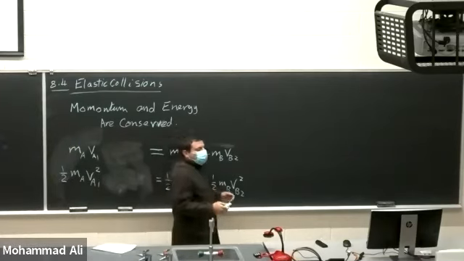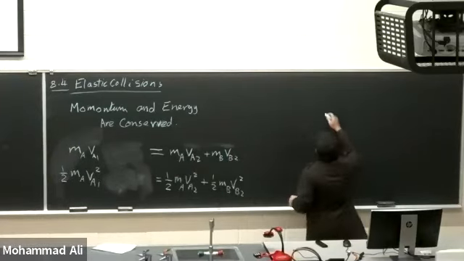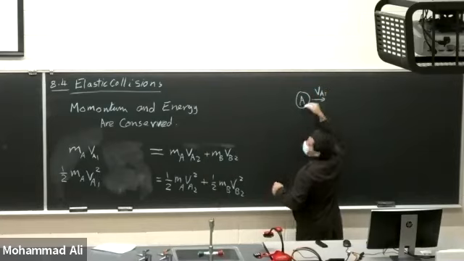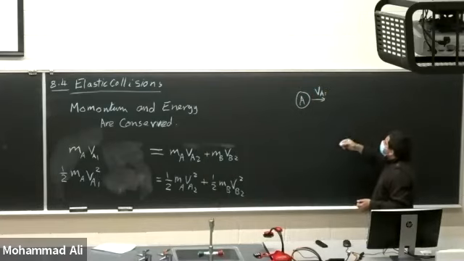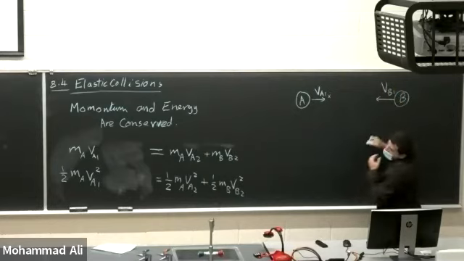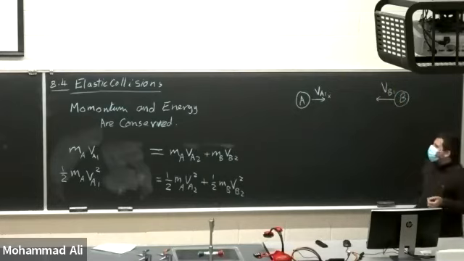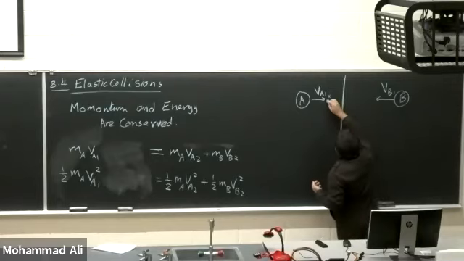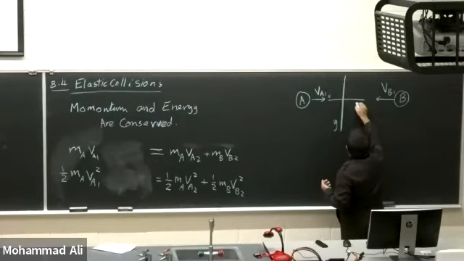This is not trivial. If we deal with object A moving with velocity V_A before the collision in x direction, and we have another object B moving with its velocity before the collision in x direction, but in the opposite direction, and we have our coordinate system like this, this is y and this is x.